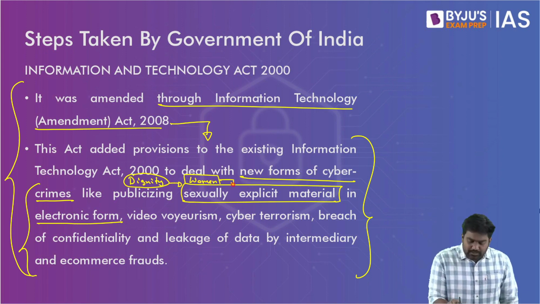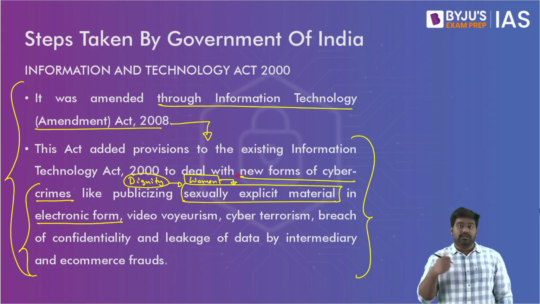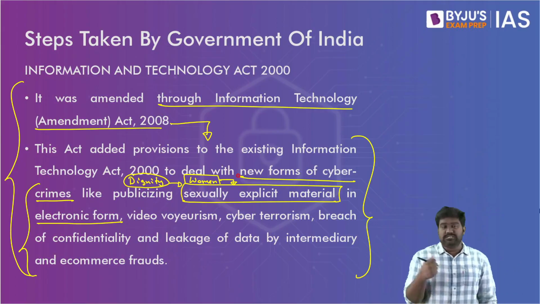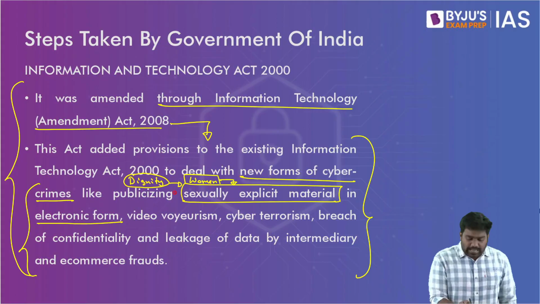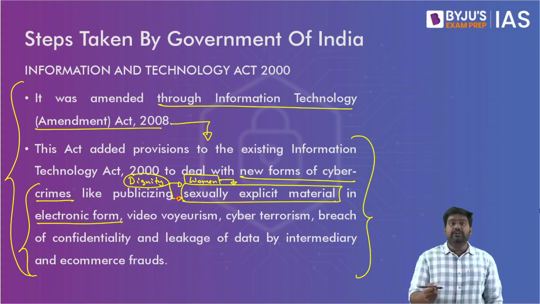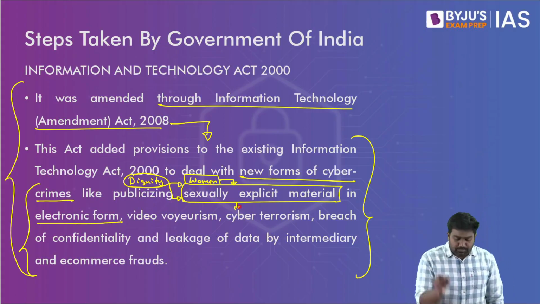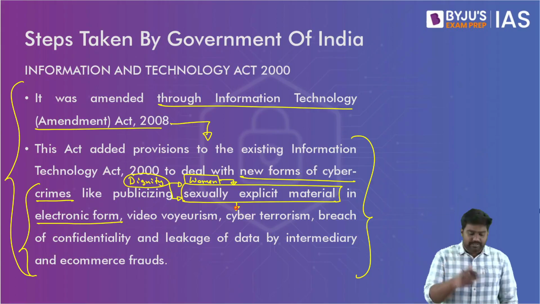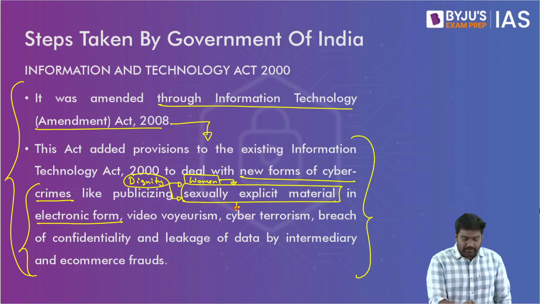Mainly to deal with rape videos, revenge porn, and gang rape videos which were starting to circulate on the internet. To tackle this menace, to protect the dignity of women, this specific provision was added, which prohibits the circulation of sexually explicit material.